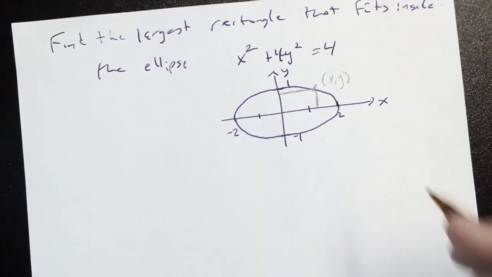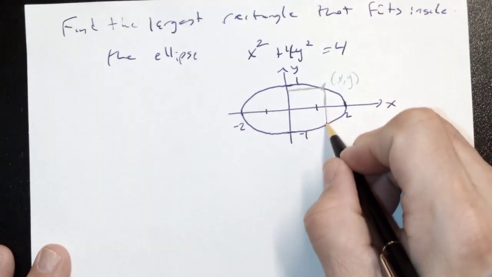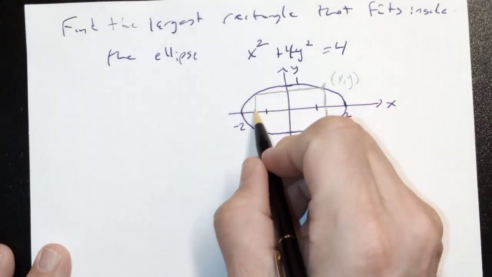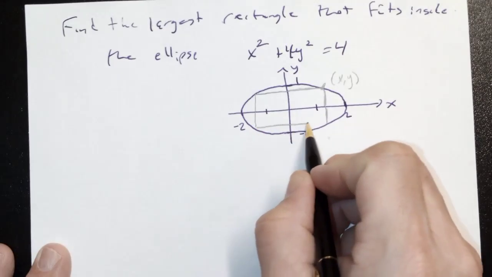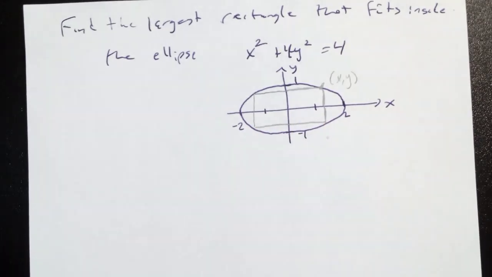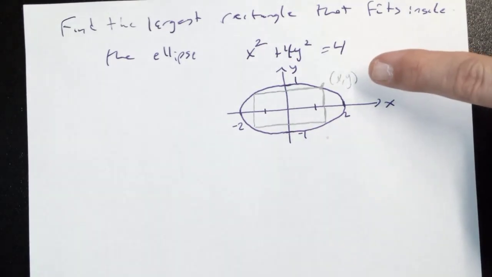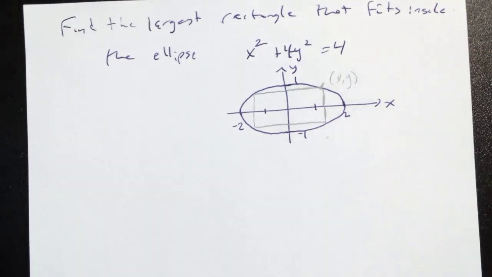And I can say, this rectangle is going to continue down to here, and it's going to continue over to here, and there's my rectangle. The thing I am trying to maximize is the area of this rectangle. So my question to you, based off of this point, what's the area of that rectangle?